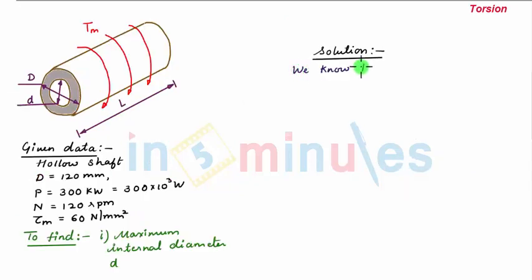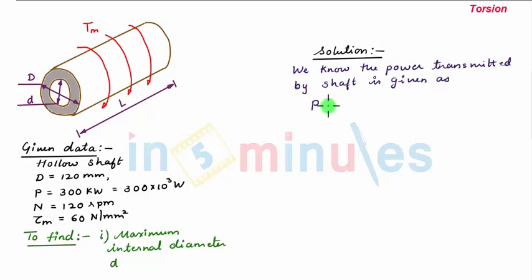We know the power transmitted by a shaft is given as P is equal to 2 pi N T by 60, where N is the RPM of the shaft and T is the mean torque with which the power is being transmitted.